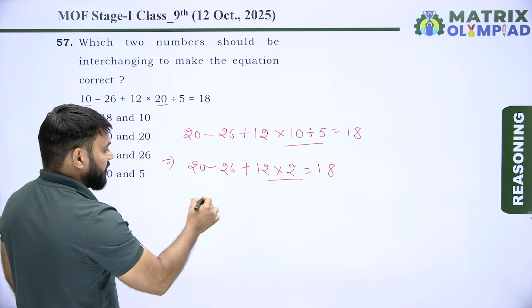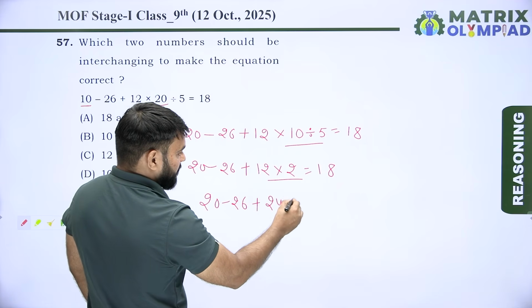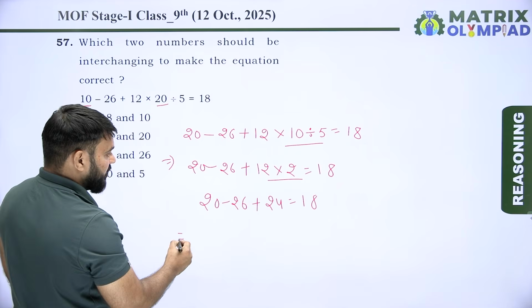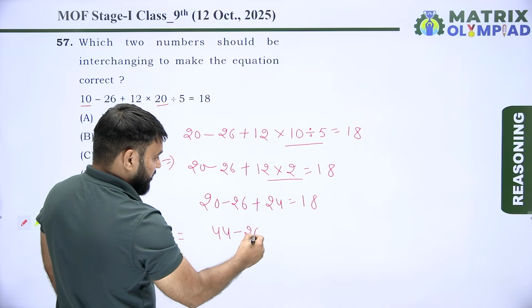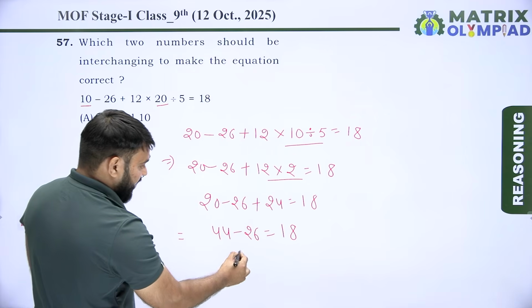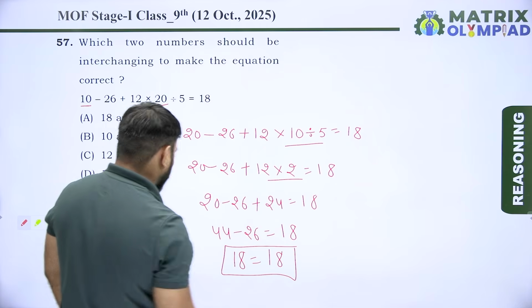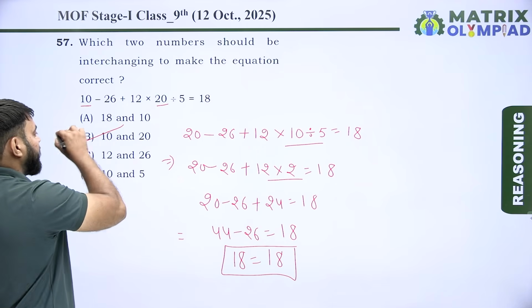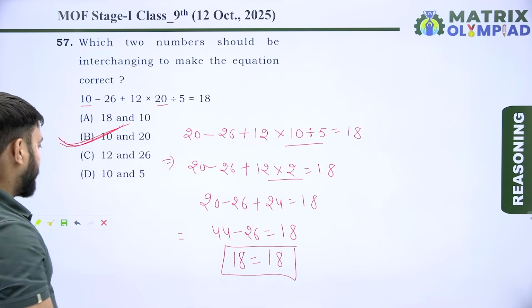Now multiply: 20 minus 26 plus 24 equals 18. Now add: 20 plus 24 is 44, minus 26 equals 18. 44 minus 26 is 18, so 18 equals 18. So here option B is the correct answer of this question. Let's move on to the next question.